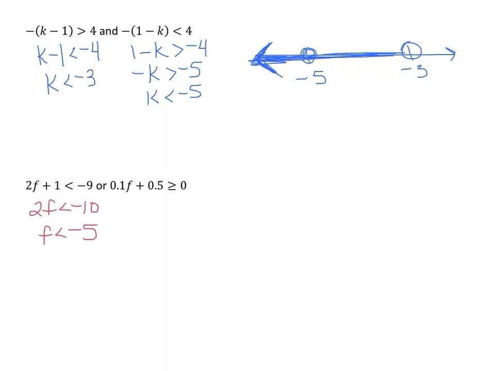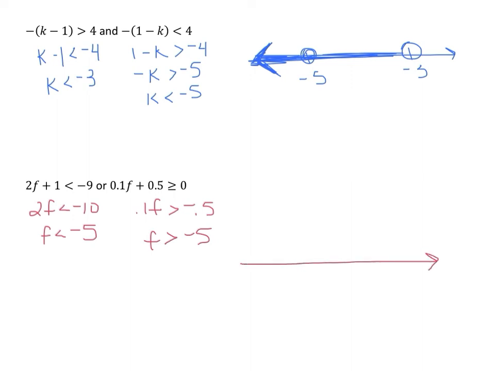Also, you might want to think about multiplying through by 10, but actually that's probably not a good idea. So we'll just keep it as decimals. 0.1f is less than negative 0.5. And I suppose it would have been fine because when you divide by 0.1, you end up with negative 5.